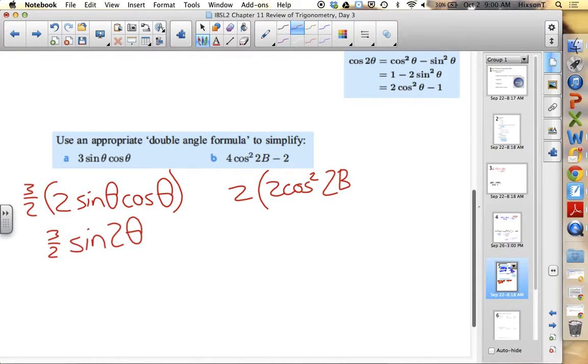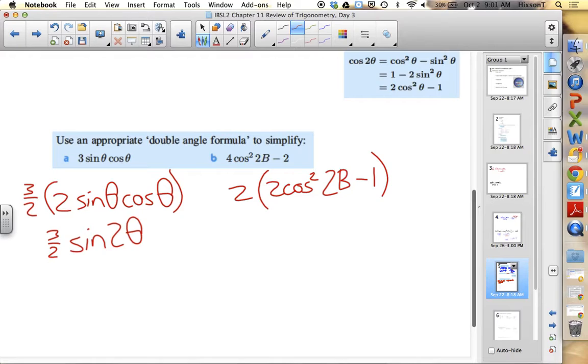Now, here's the thing, don't try to factor the 2 out of here, because that's inside the cosine function. It's not cosine times 2b, so you can't factor it out, it's cosine of 2b. But actually, that is where we want to start.